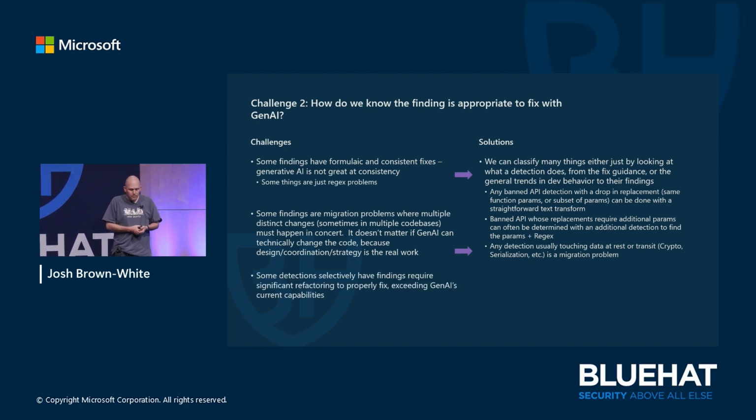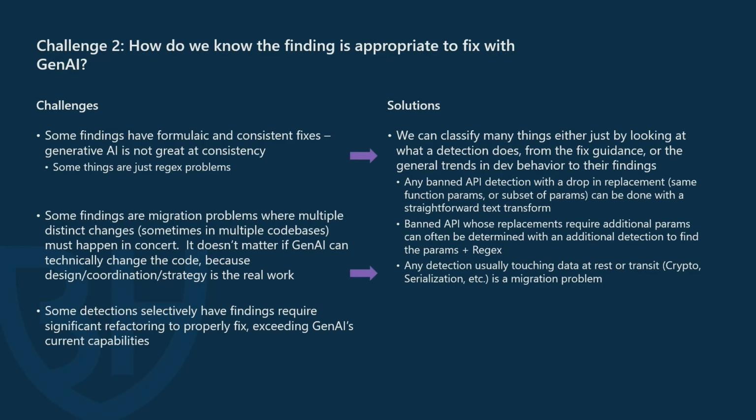Then the last category are when we can't reason about the detection itself, but we have to look at findings. So a lot of memory corruption detections can simultaneously find memory corruption that is entirely contained within a single function, where all the elements you need to fix it are within just that function scope. It's a pretty good fit for a large language model.